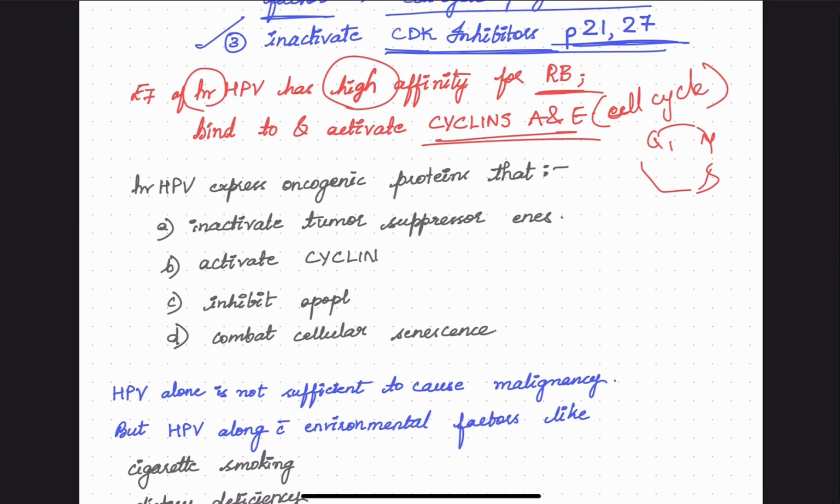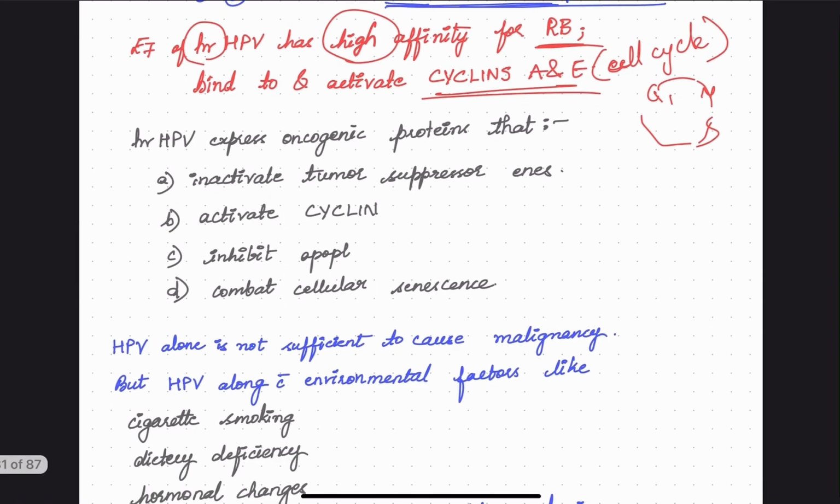And this high risk HPV expresses certain oncogenic proteins that have the following functions. They inactivate tumor suppressor genes, which means uncontrolled growth. They activate cyclins, which helps activate the cell cycle.